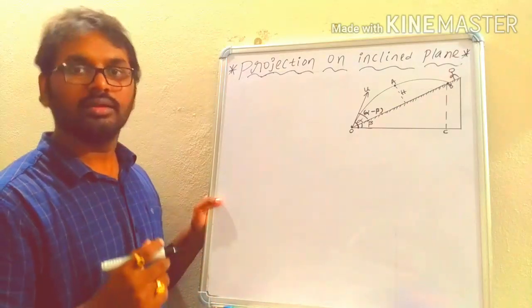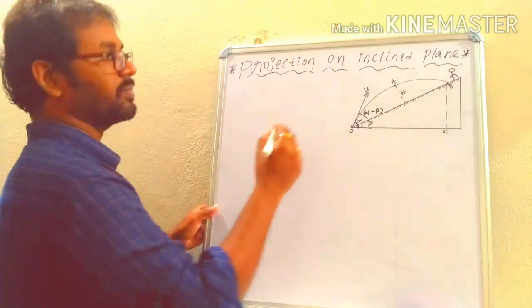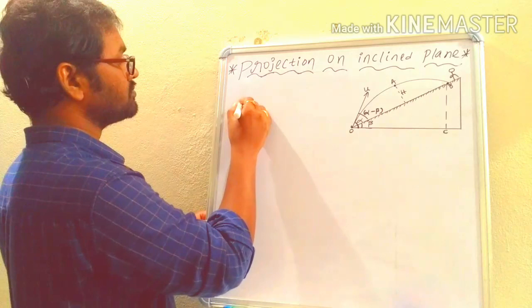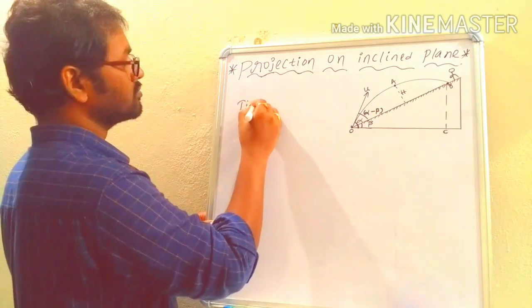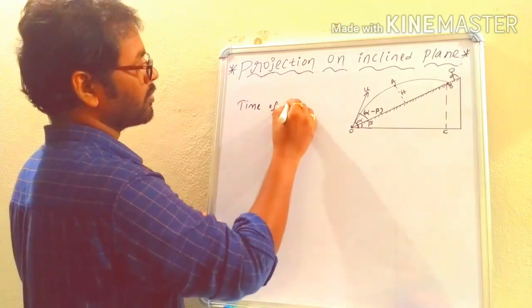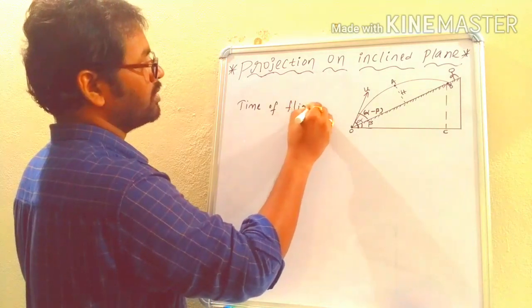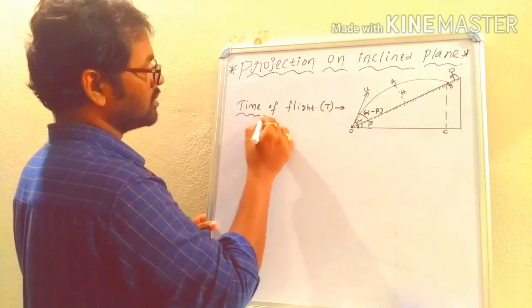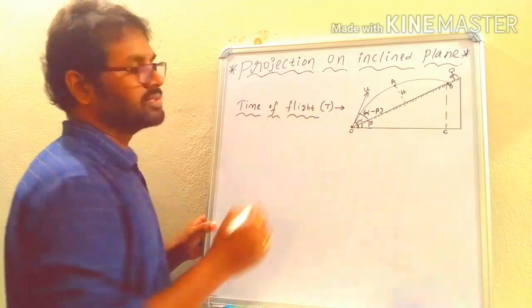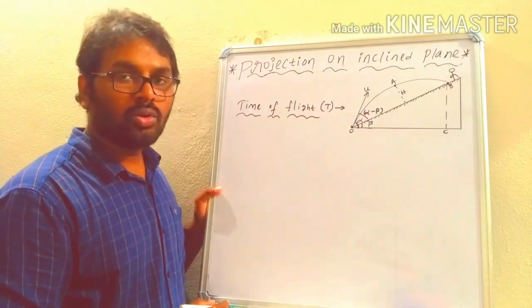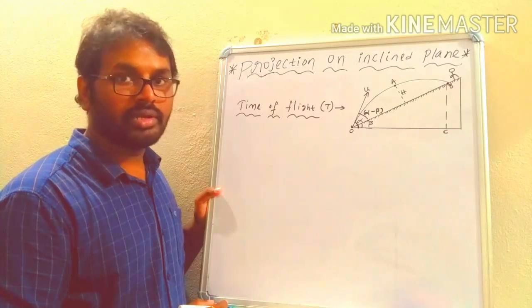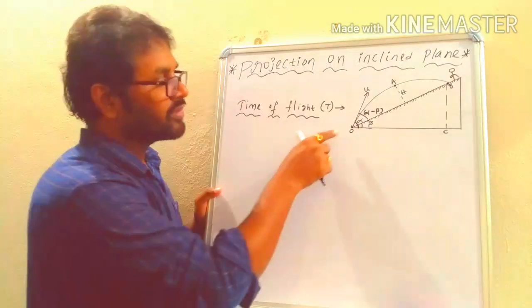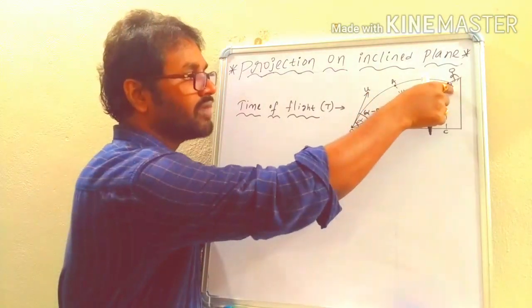Let us derive the first part, time of flight, denoted by capital T. What is time of flight? It is the total time taken by the particle to move from the initial point to the final point.